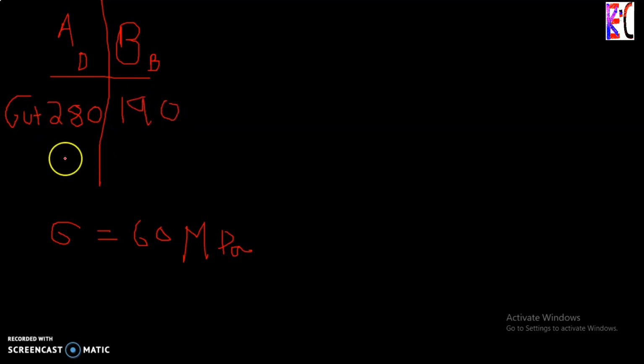Fine. The cost of this per kg, let us consider the ductile material to be rupees 10 per kg, and the brittle one is rupees 6 per kg.